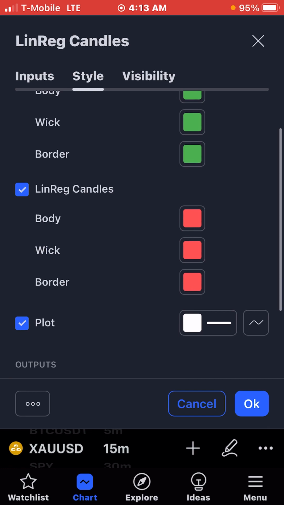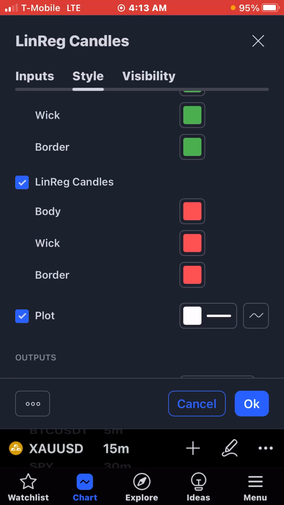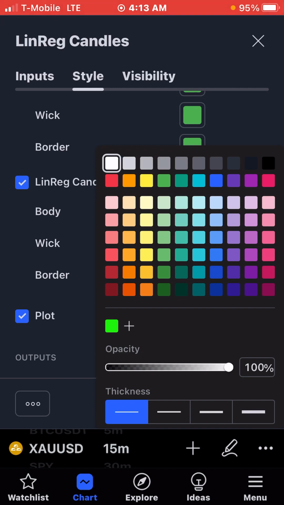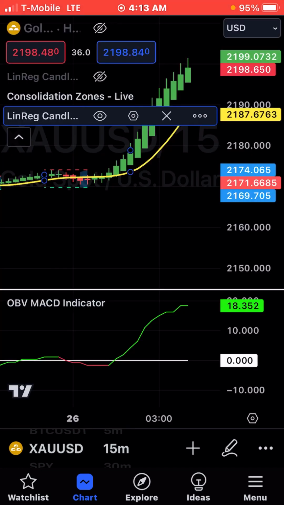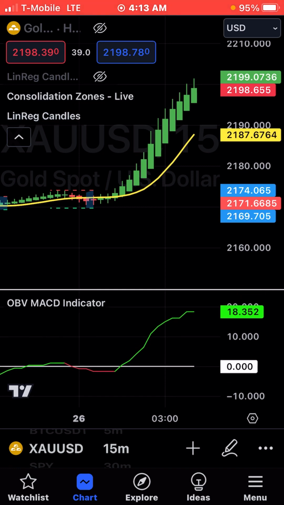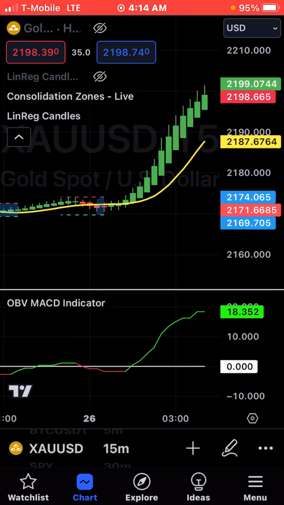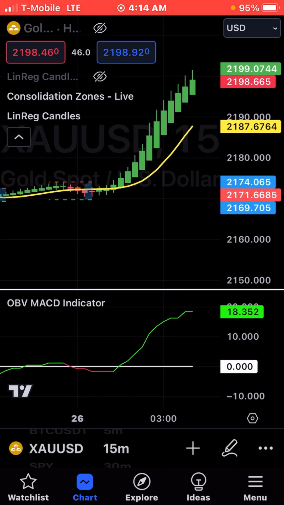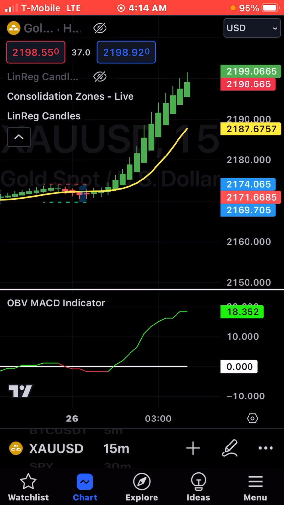You can change the color if you want, but the important thing here is the plot line, and the plot line is very important. What I do is I change it to yellow, and you can make it thick if you want to, so you can see it better. So that's how you set it up. This is a very, very powerful indicator, in my opinion.